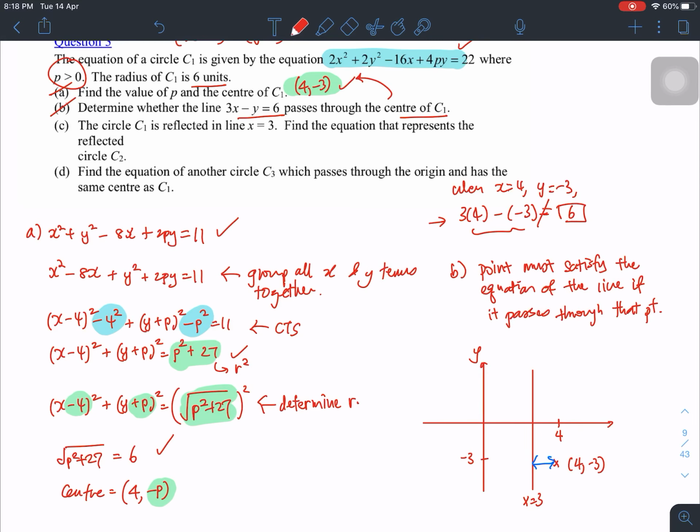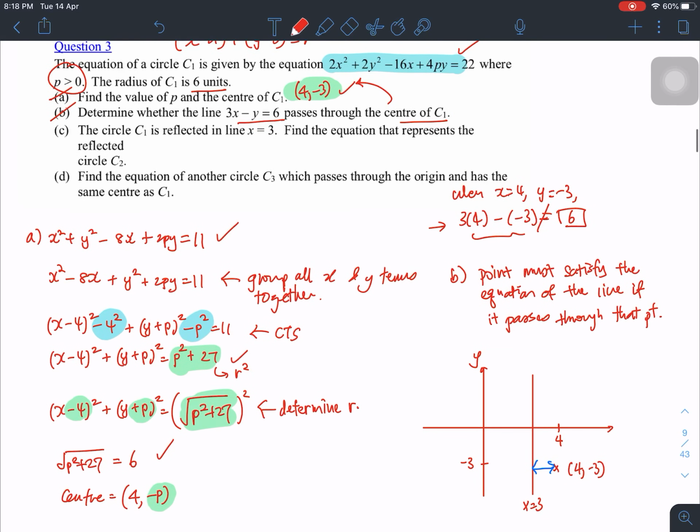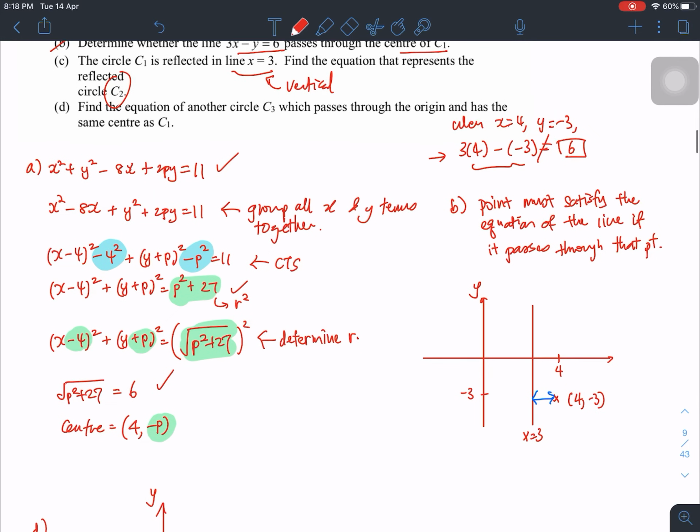Part C, they're saying that now this circle C1 is reflected in the line x equals 3. So you should recall that this is a vertical line. Then you want to find the equation of the reflected circle C2. As we have found earlier in part A, the center of this circle C1 is (4, -3). This is just a sketch.